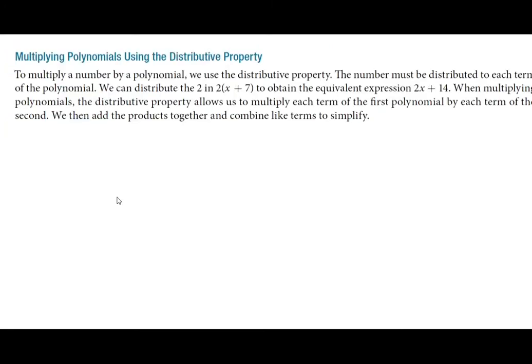When we multiply polynomials, we have to use the distributive property. So for example, if I want to multiply 2 times the quantity x plus 7, I have to multiply 2 times x plus 2 times 7. Of course, that'll give me 2x plus 14.